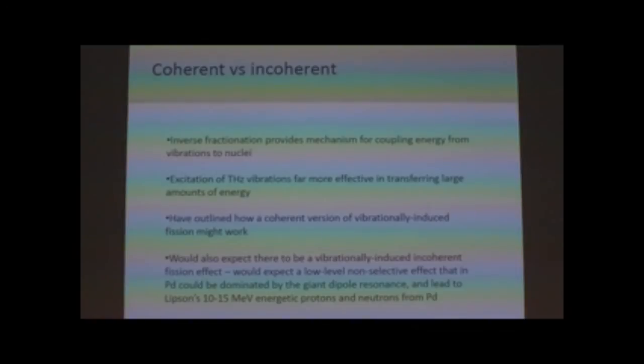Coherent versus incoherent. Inverse fractionation provides a mechanism for coupling energy through phonon exchange. Terahertz vibrations are, of course, much more effective than gigahertz, which are much more effective than megahertz, and so forth. So we've outlined how a coherent version of vibrationally induced coherent fission might work.